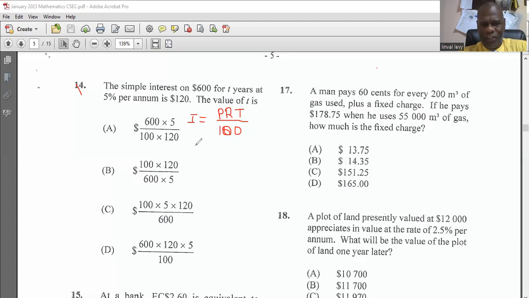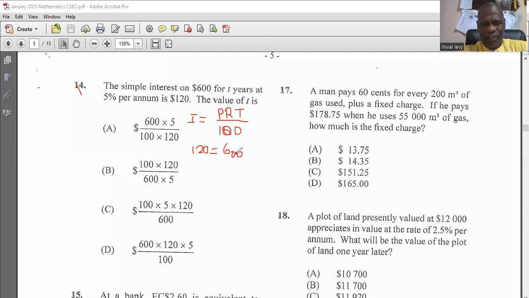All right, so let's put them in. So we have I, the interest, is $120. So 120 equals the principal, which is 600.